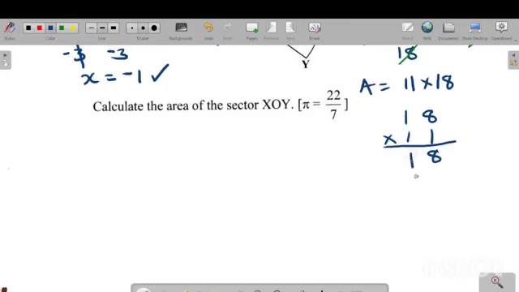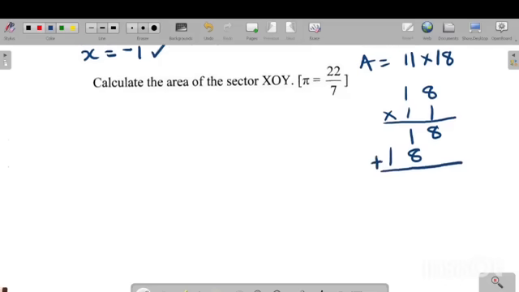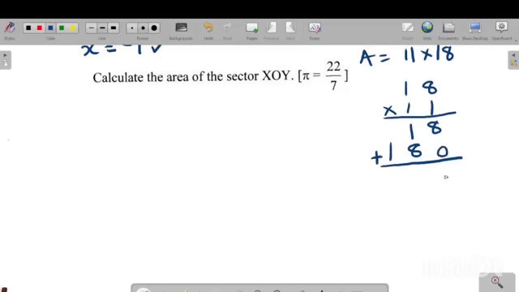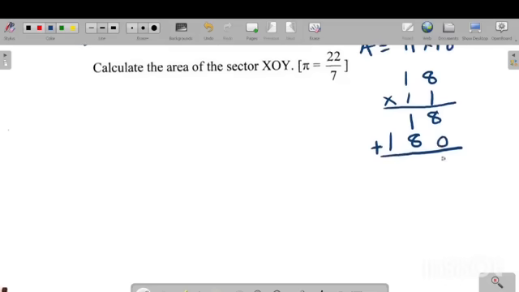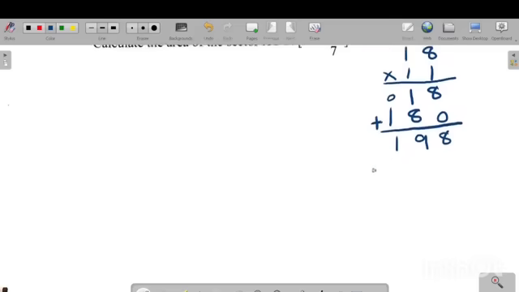Then 1 times 8 is 8, 1 times 1 is 1. Then here you add. Here you have a 0, so 8 plus 0 is 8, then 1 plus 8 is 9, then 0 plus 1 is 1. So you conclude and say, therefore, the area of this sector is 198 square centimeters.